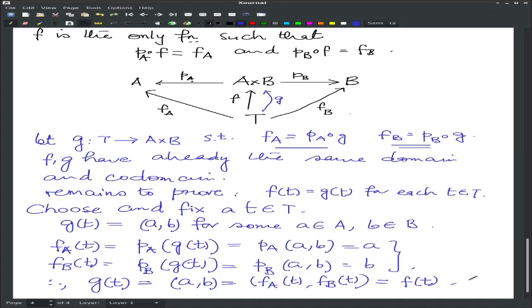So you see, you cannot have any other way. You have only exactly one way of doing this. Okay? So does this give you a proof? Is this clear now?